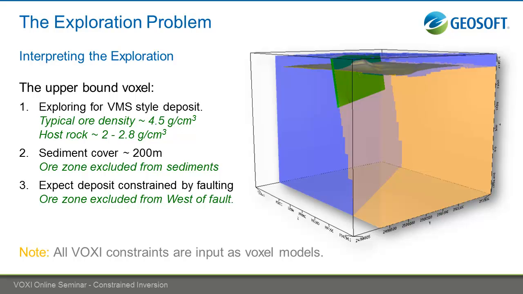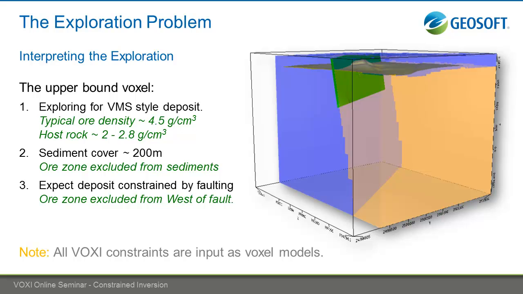And the remaining zone shown here in this yellowy color, I've assigned a value which is significantly larger than that, maybe say 5. It doesn't really matter, as long as it's sufficiently large to allow any potential ore zone to manifest itself. So in essence, I've converted my geometric constraints into a voxel model.